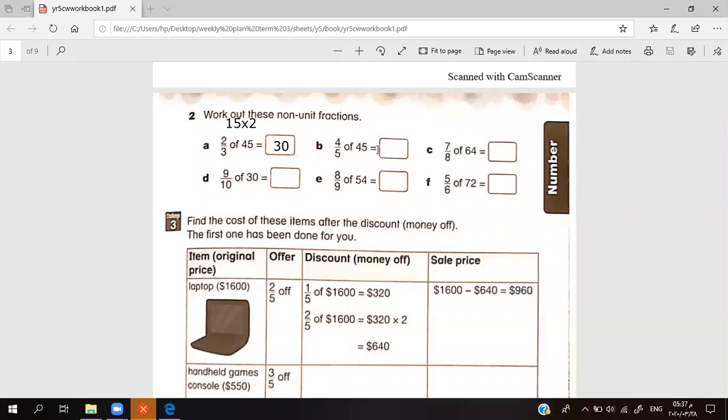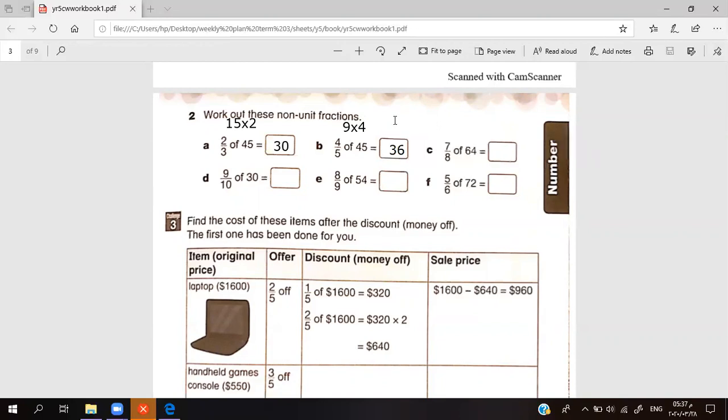4/5 of 45. I will deal with it as if it's 1/5, not 4/5. For 1/5 I divide 45 by 5. 9 times 5 gives me 45, so 9. Then this 9 that I got, I must multiply it by the numerator, which is the 4. 9 times 4 is going to give me 36.